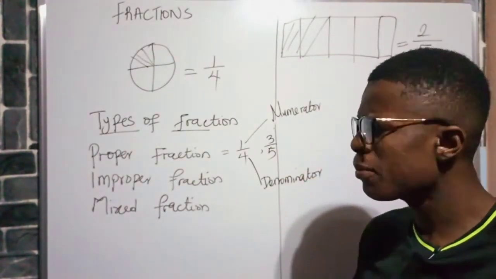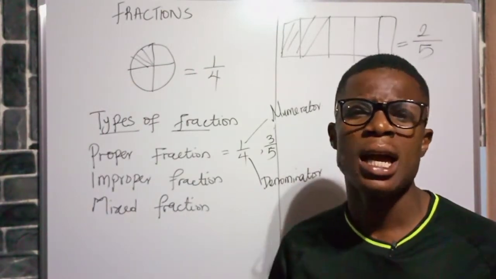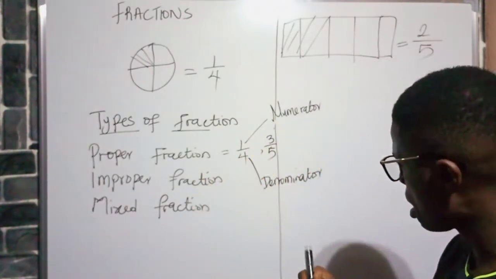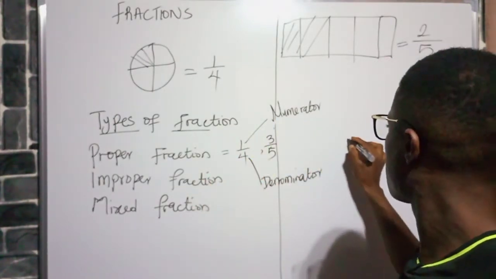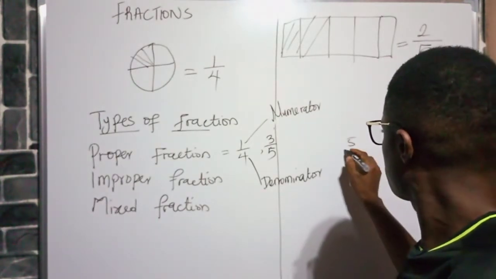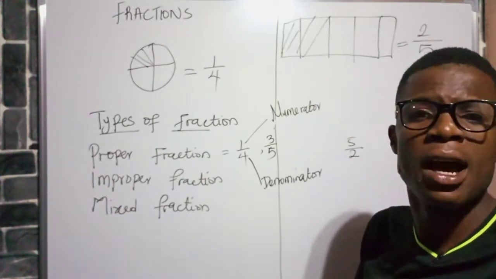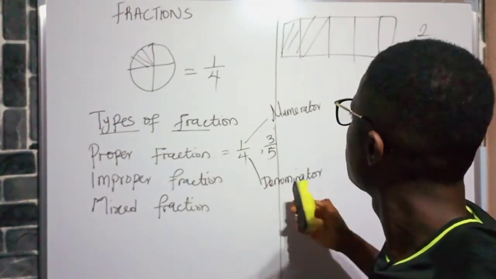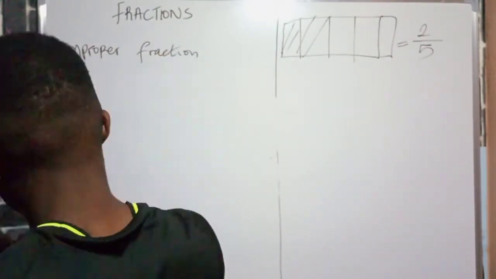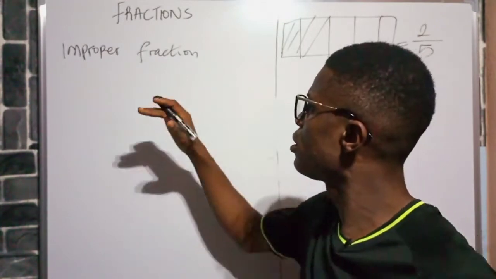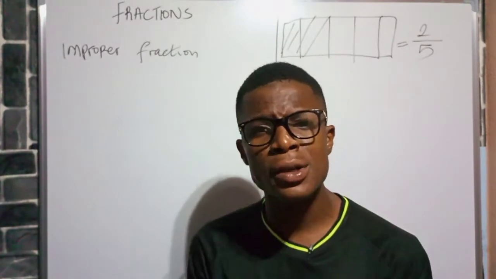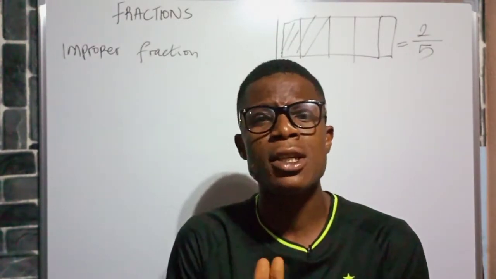Then we move again to the improper fraction. An improper fraction exists whenever the numerator, let's say my numerator can be 5, is greater than the denominator. So I have 5 over 2. This particular type of fraction occurs whenever the numerator is very big compared to what?